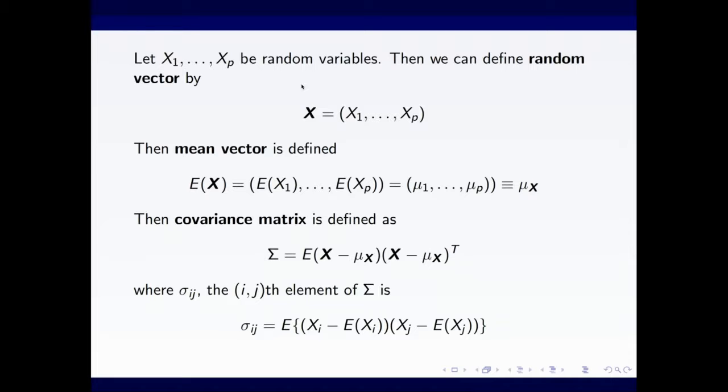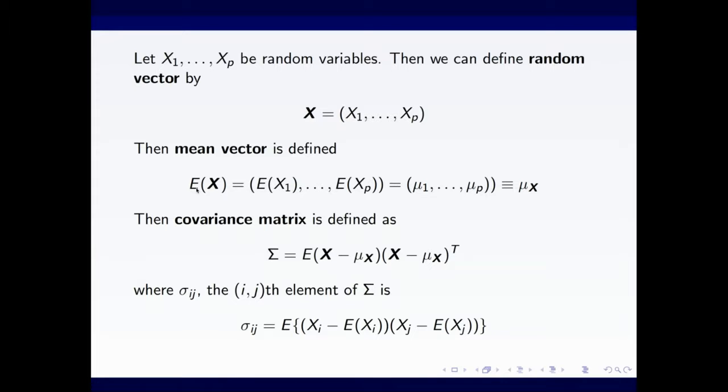Then we define the random vector, which is the vectorized version of the random variables. I would like to use this bold symbol x for x1 through xp.